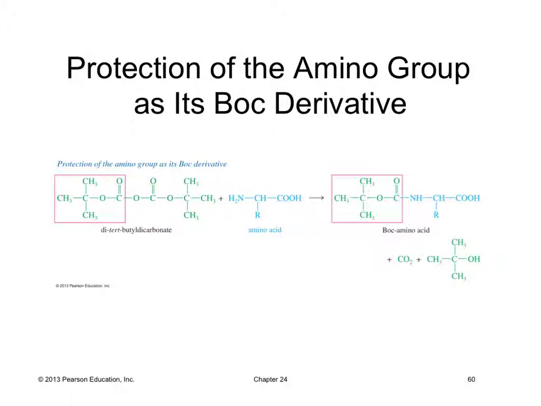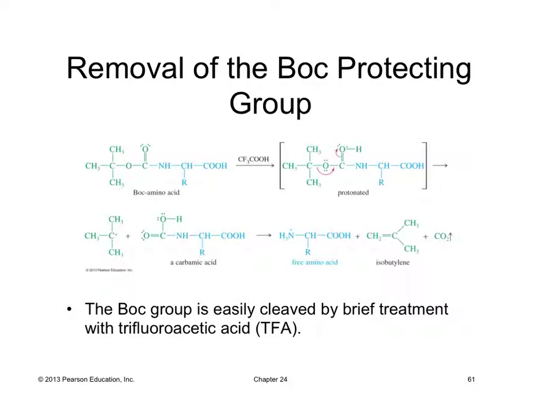So what's happening here is you're going to have electrons from your amine nitrogen go, electrons from the oxygen come up, come down. This will cleave this, right, to generate CO2 and tert-butanol and your Boc protected amino acid.